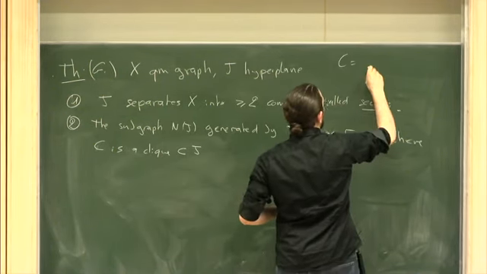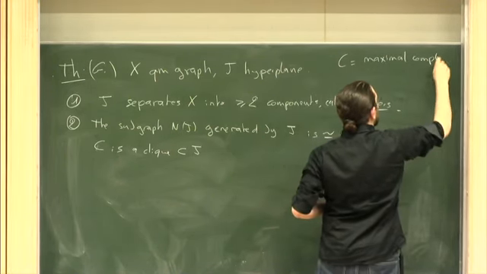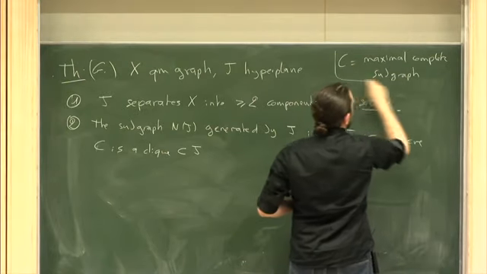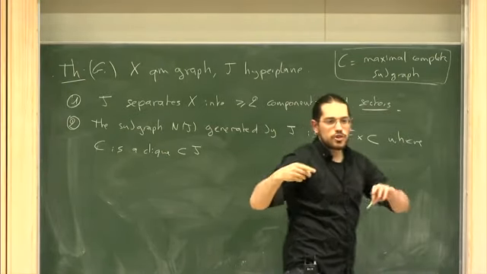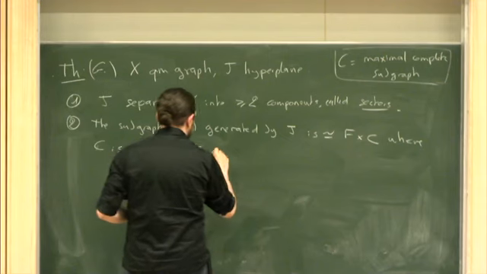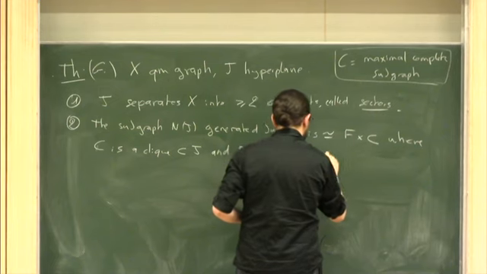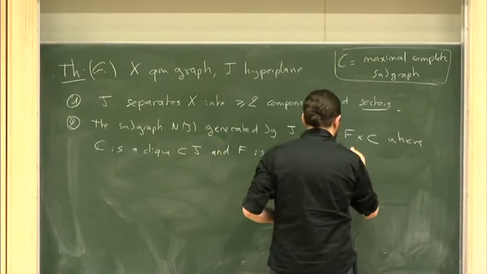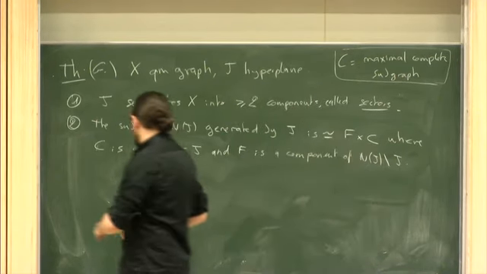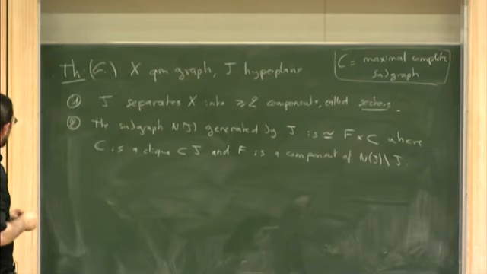A clique is just a maximal complete subgraph. So this is a maximal subset of vertices which are pairwise adjacent. Okay. So C is a clique, and F is a component of the complement. Okay, I will explain the statement in the following, in the next example.